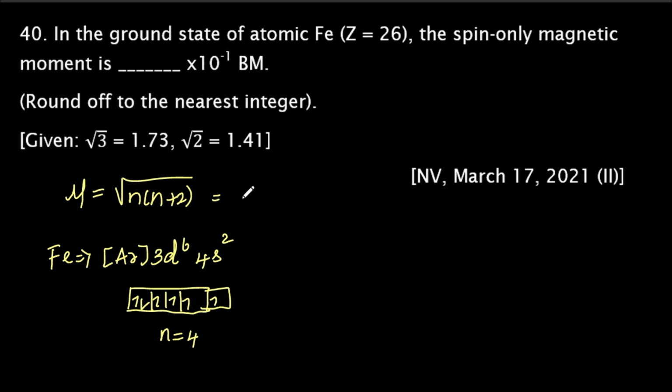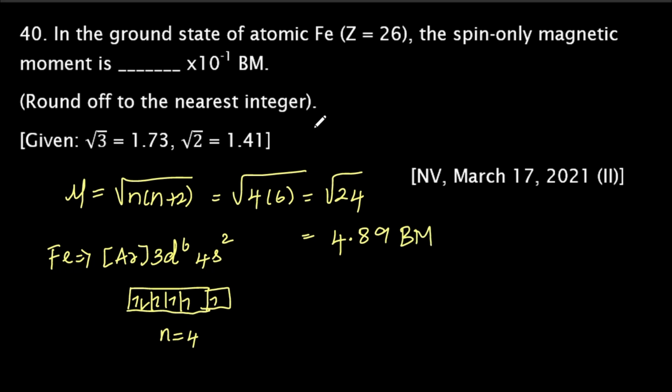So you have to substitute that. So mu is equal to root of 4 into 4 plus 2, which is 6. So root of 24, and the answer is 4.89 BM. But here they are not telling to round off to the nearest integer. First, you have to convert that in terms of 10 power minus 1. So for converting into 10 power minus 1, you have to multiply and divide this number by 10.